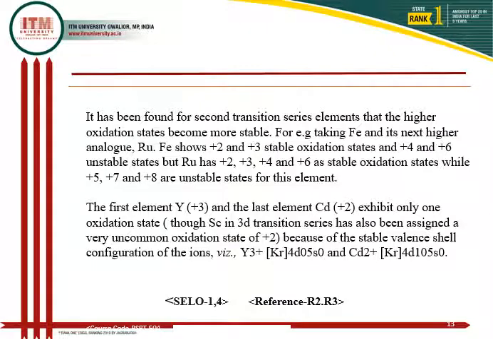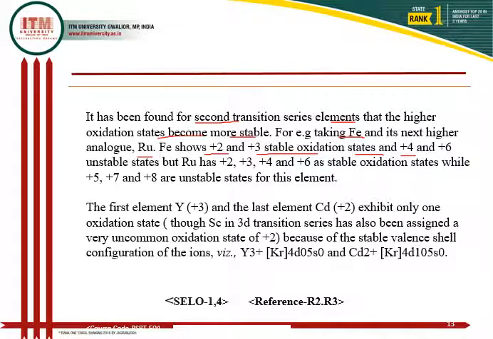It has been found for the second transition series that elements with their higher oxidation states become more stable. Take iron and its next higher analog, ruthenium. Iron has +2 and +3 as stable oxidation states.